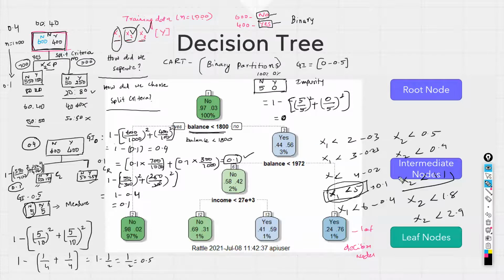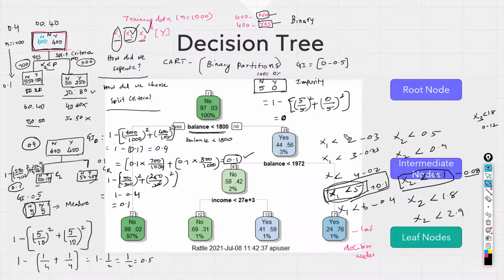x2 less than 1.1 gave a drop of 0.08. Similarly, x3. In x1, this is the best split with a drop of 0.1. In x2, this is the best split with a drop of 0.8. In x3, let's say x3 less than 1.8 gave a drop of 0.12.